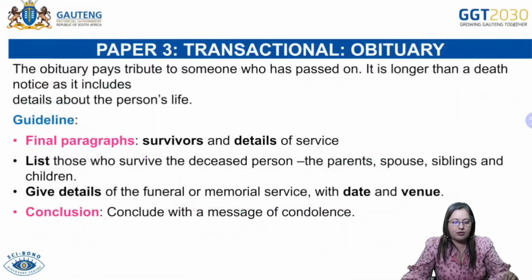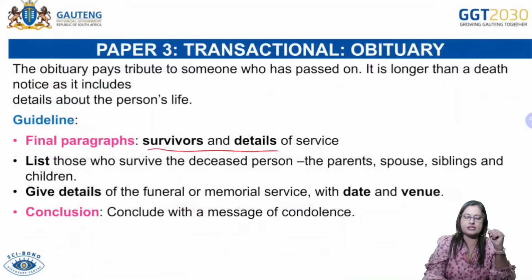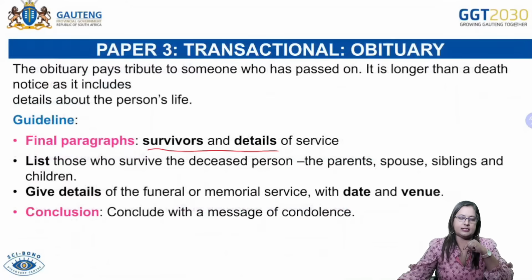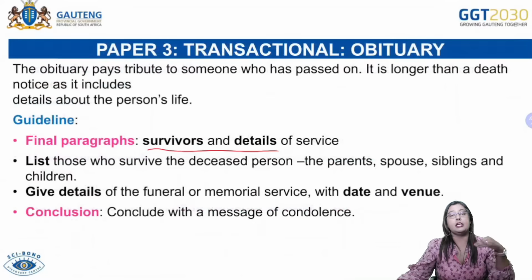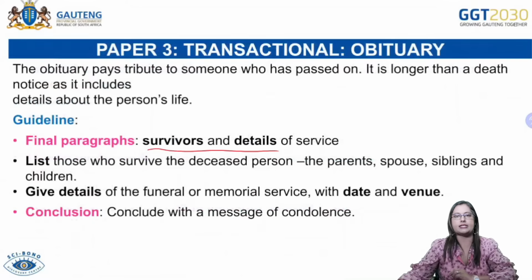Then the final paragraphs is where you're going to include the survivors of the deceased. Okay. And then now the survivors are not talking about the 45th cousin, it's talking about the immediate survivors. Okay. And then most importantly, the details of the service that is to take place.